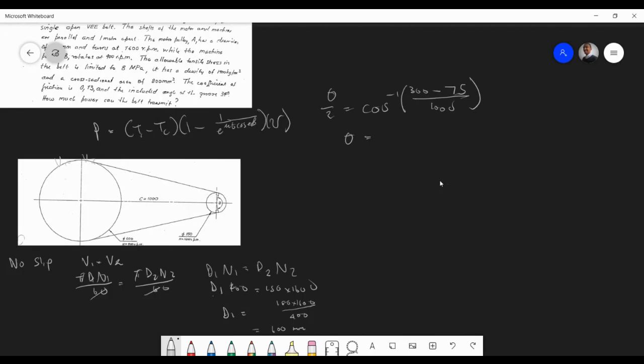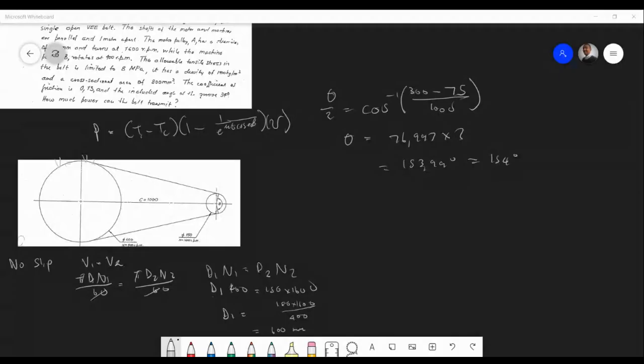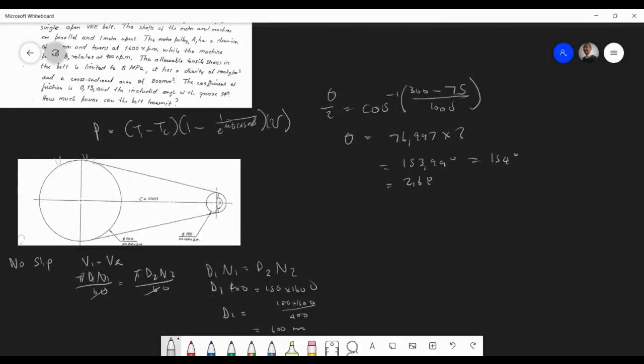Let me get that quickly. You get 76.997, times that by 2, you should get 153.99 degrees. We can just call it 154. And of course, convert that into radians now, and we should get 2.688 radians.